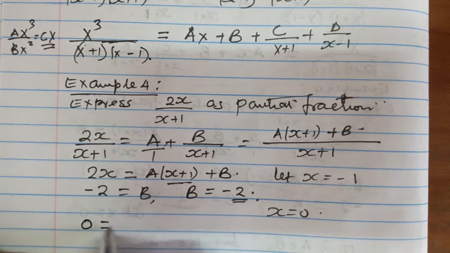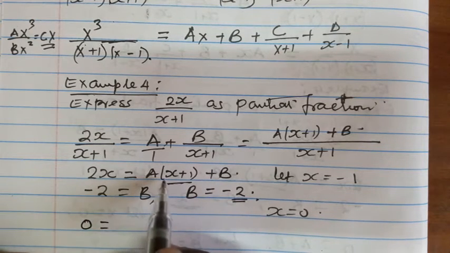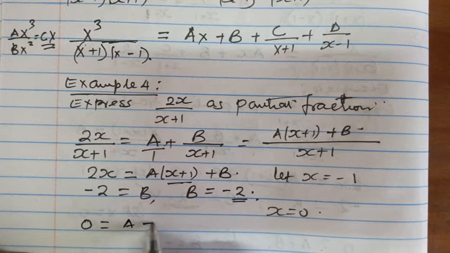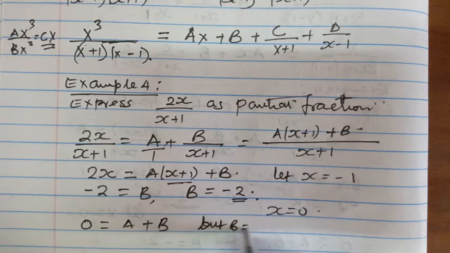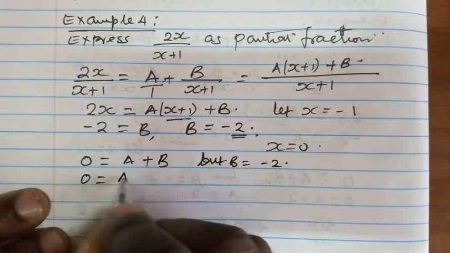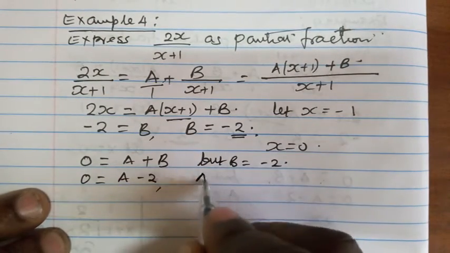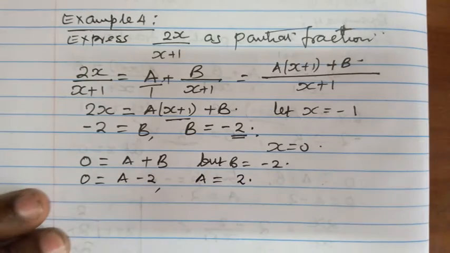So 0 equals (0 plus 1) times a, plus b. But b is minus 2, so 0 equals a minus 2, and a is positive 2.